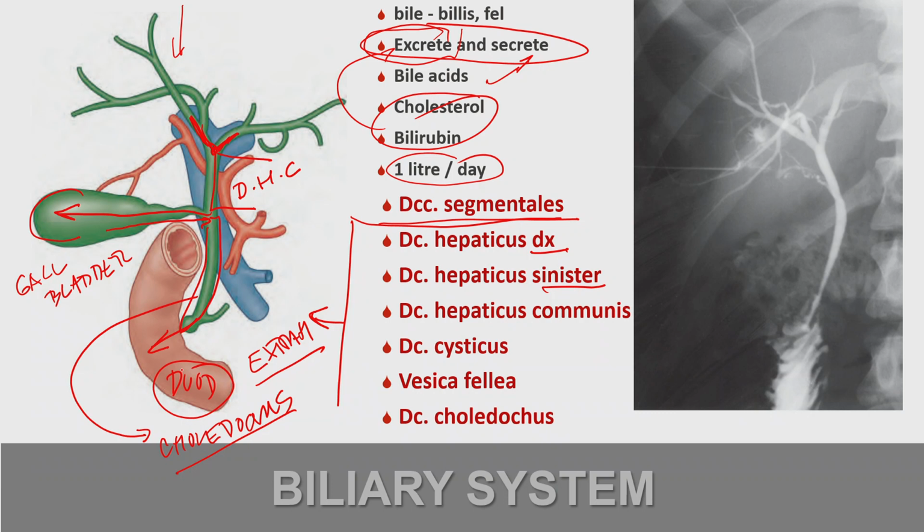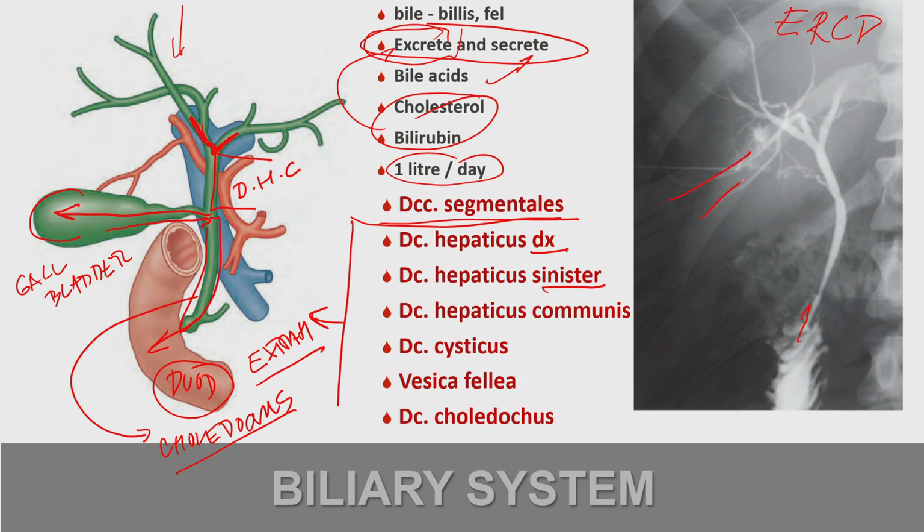Hopefully you have heard about the papilla major and minor, so major and small papilla, where we have the communication between external glands of GIT with the inner space of GIT. So this is the imaging which is called ERCP, endoscopic retrograde cholangiopancreatography, which injects contrast agent backwards.